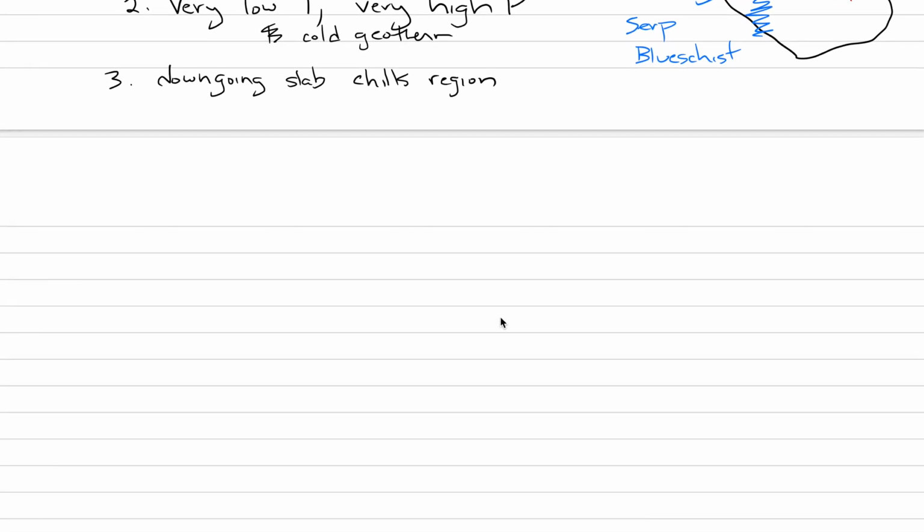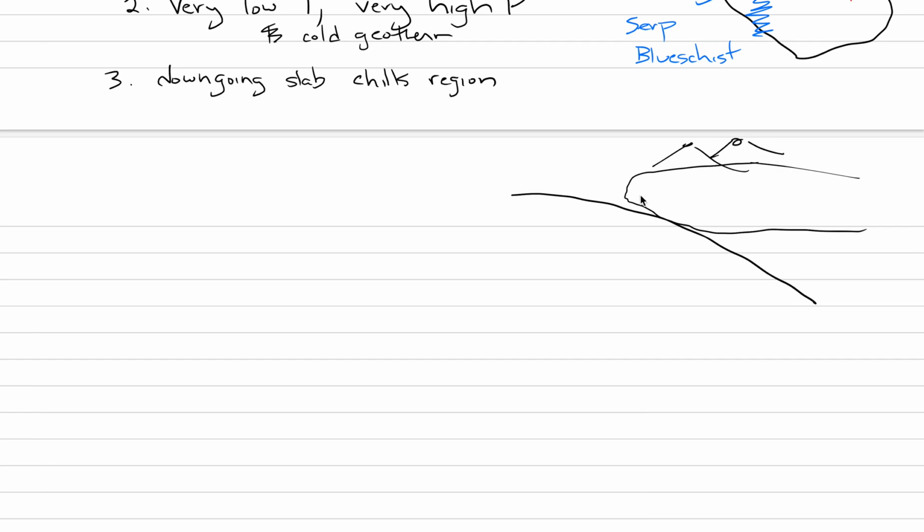Let me draw a picture of this for you. Here is our subducting slab, which is our protolith, I suppose, and here's our overriding plate with our volcanoes. And so what happens is, of course, here's where we have our magmas, and here's where we form serpentinite from our protolith.